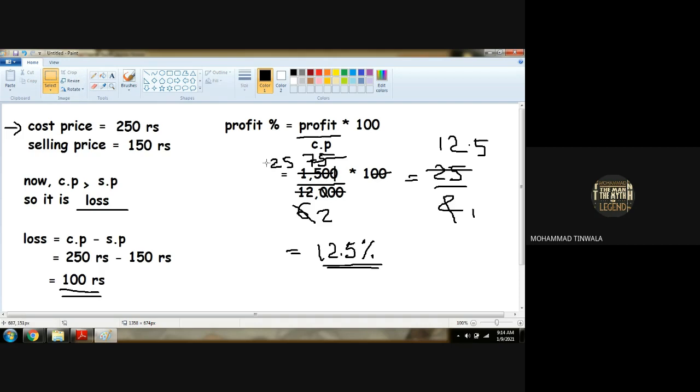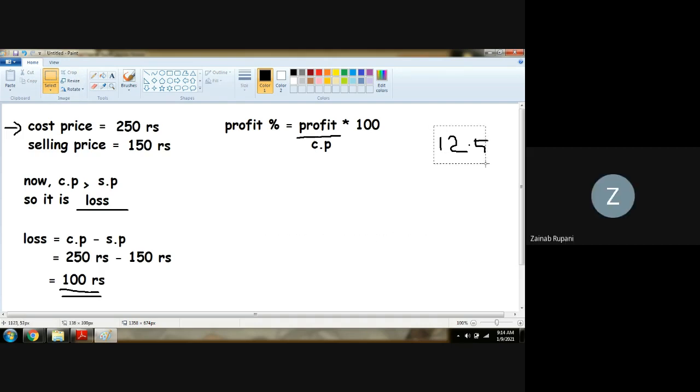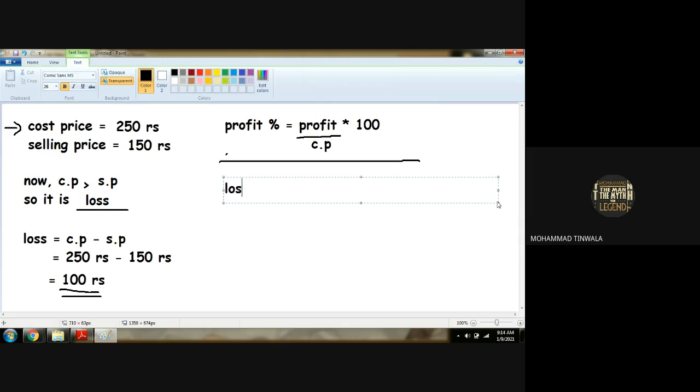Now again, this whole thing we have to remove. Chalo. Instead of this, we will place here loss percentage. Loss percentage is equal to loss upon CP, multiplied by 100.